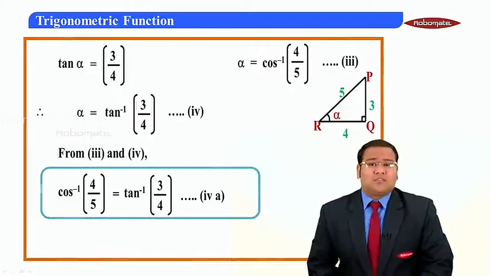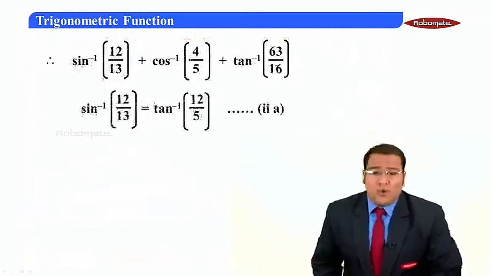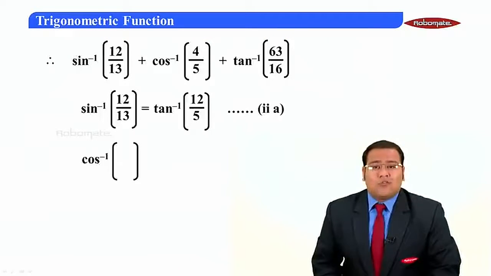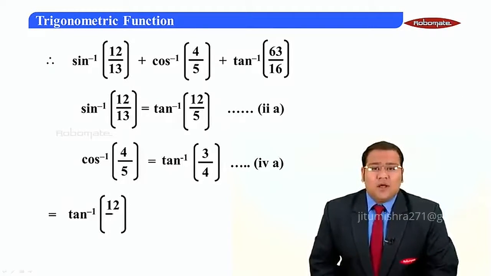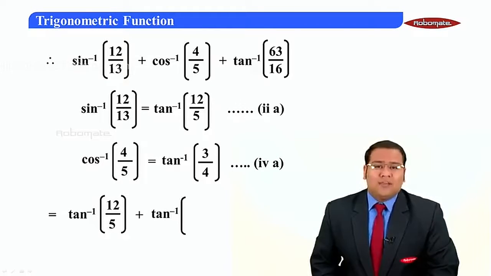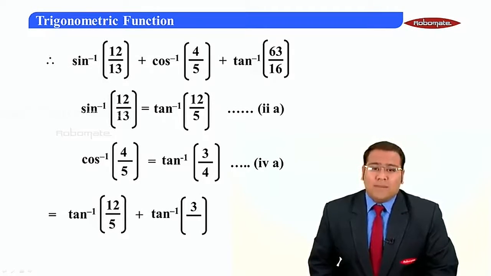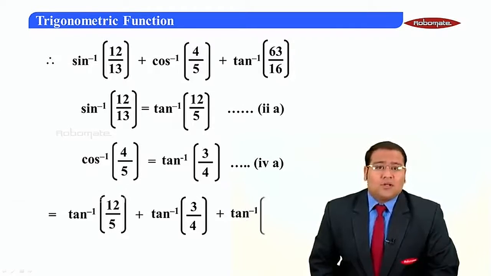Also you remember cos inverse of 4 by 5 is equal to tan inverse of 3 by 4. So we can write cos inverse of 4 by 5 as tan inverse of 3 by 4. So sine inverse of 12 by 13 is replaced with tan inverse of 12 by 5 and cos inverse of 4 by 5 is replaced with tan inverse of 3 by 4, plus tan inverse of 63 by 16 remains as it is.